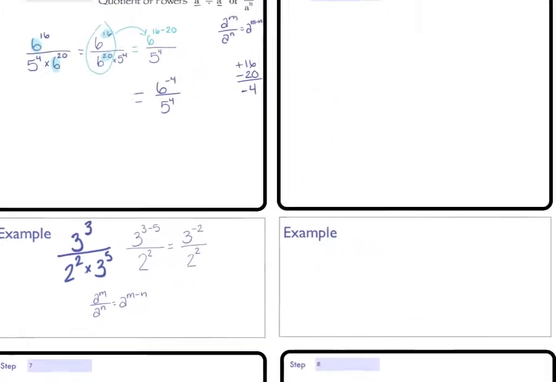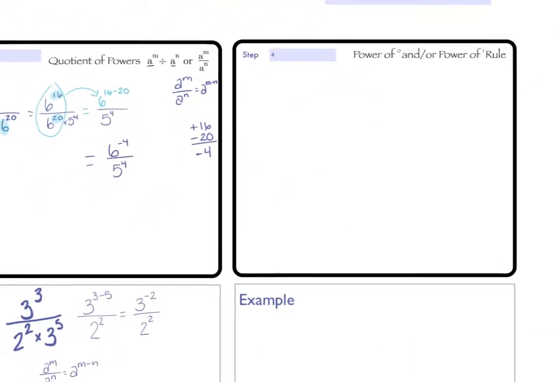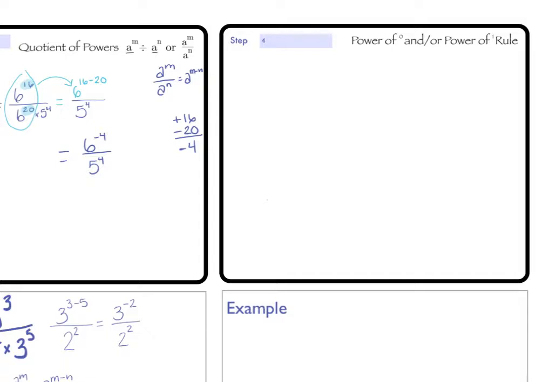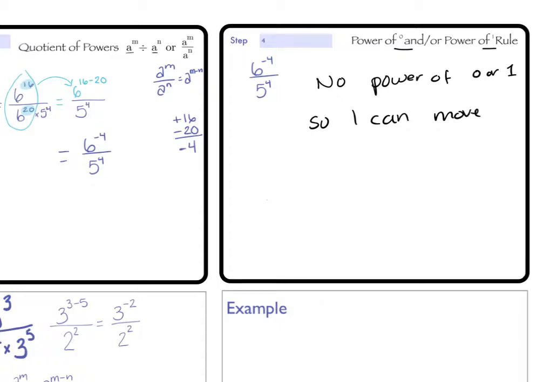And then moving on. So you would want to check again that your problem. So again, here I'm bringing my problem from the last one. Make sure that this problem has, whether it has a power of 0 or power of 1, there's no power of 0 or 1, so I can move on.